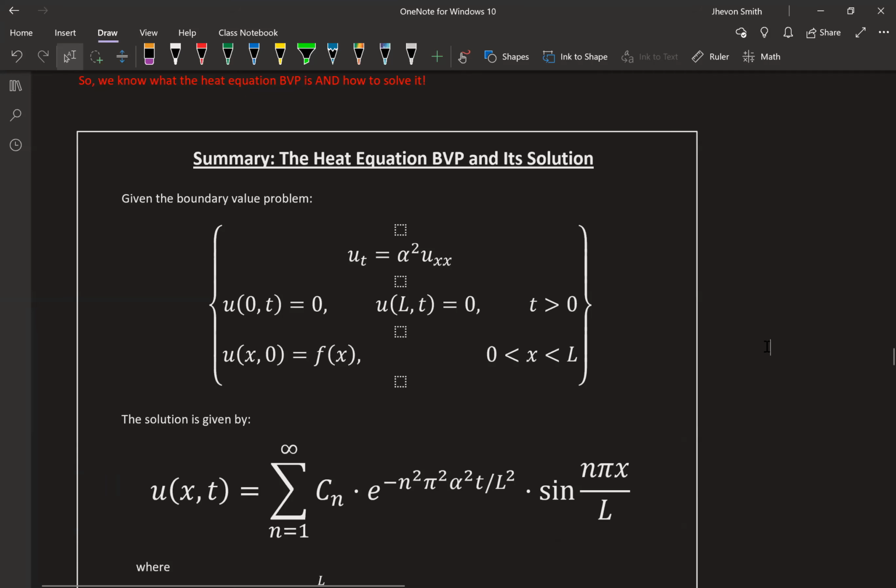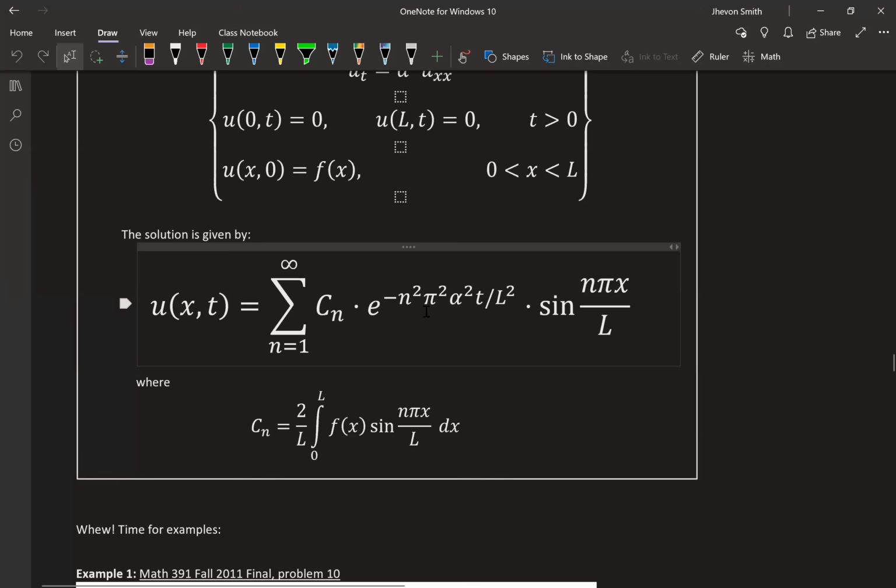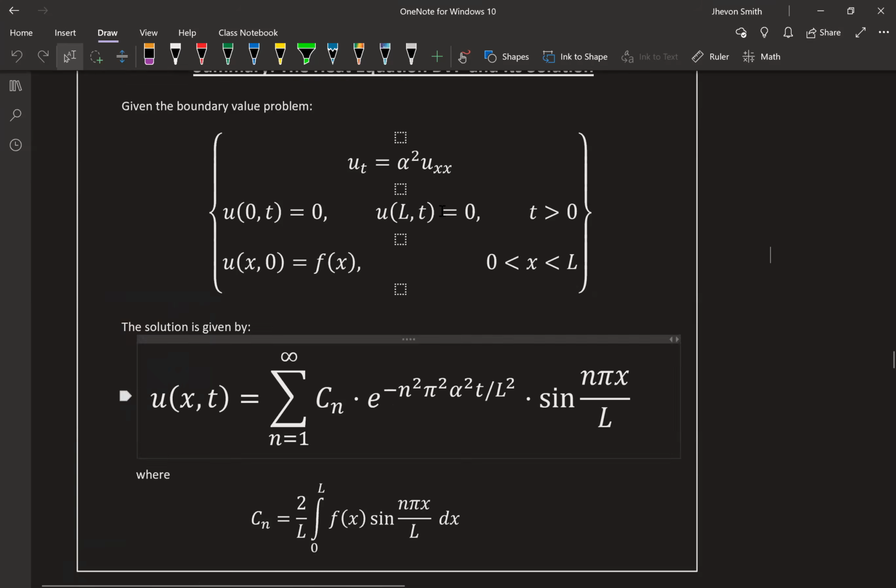That is the function that will give us the temperature distribution at position x and at time t. And since it's a series solution, we want to know what the coefficients are, but no worries. It can be derived via the Fourier sine series coefficients. So a problem of this type will have this solution, and that is how you find the coefficients. That's the summary. Okay, awesome.